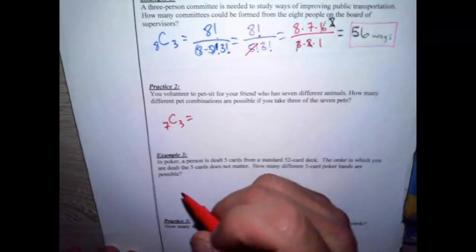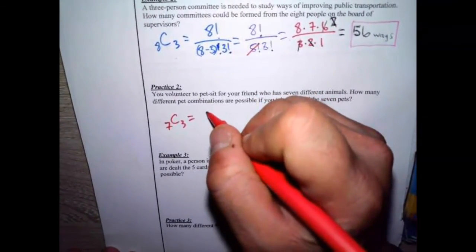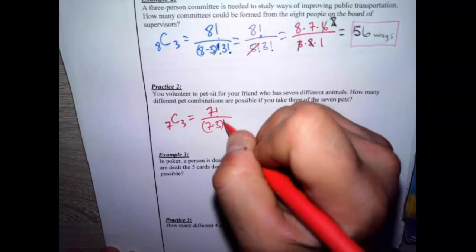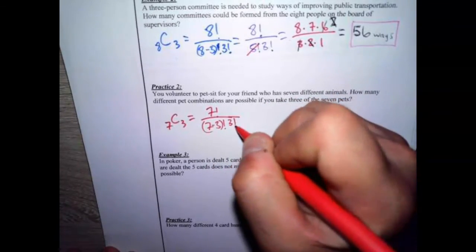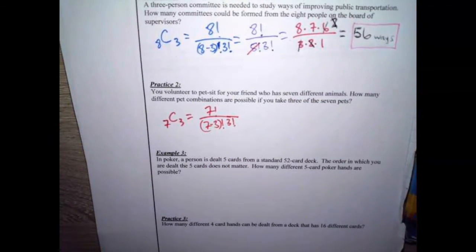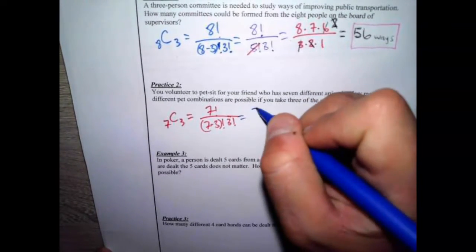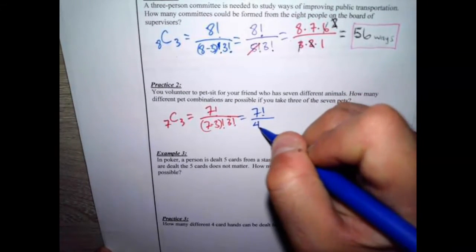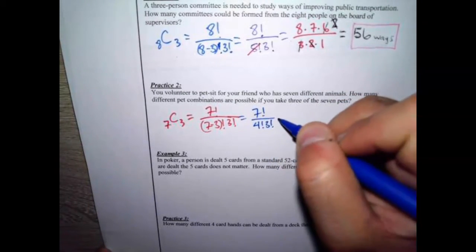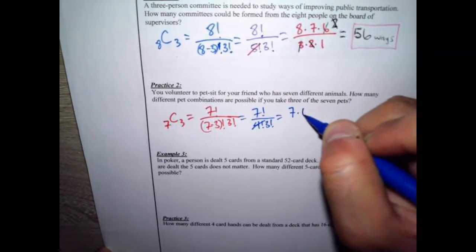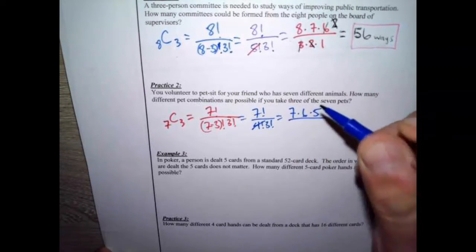So this is our combination formula. We're going to use 7 factorial over 7 minus 3 factorial times 3 factorial, and once we are good with the formula, it's just the same skills to solve it. 7 minus 3 is 4. There's a 3 there. Let's cancel the 4, leaving us with 7 times 6 times 5 on top.